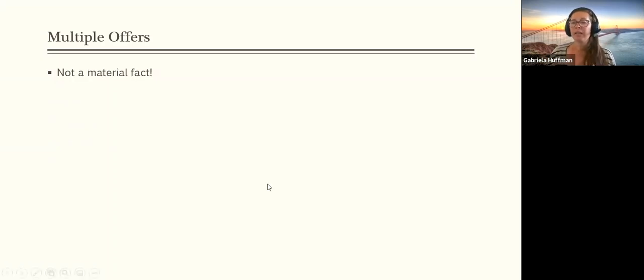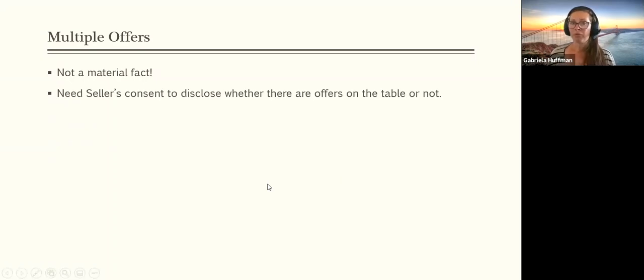Keep in mind, even if there are no offers on the table, I still can't say anything. So before you respond to that question, are there offers, you need the seller's consent to say that. If they did not give you consent, then you cannot disclose. This is their confidential information.